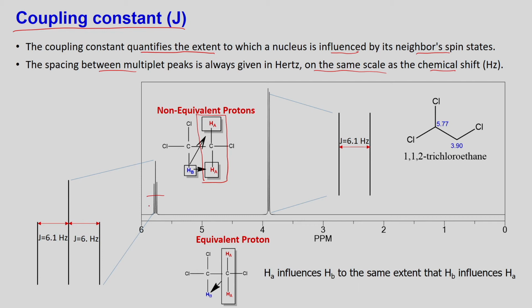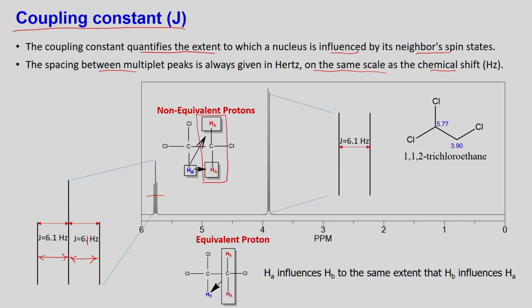Now, if you magnify this area, you will see that the value, you can easily measure this, it is 6.1 Hertz. If you measure this particular division, let us say you have 0 to 1, 1 to 2, 2 to 3, these are all equally spaced, because it starts from 0, and let us say in the field you are applying, let us say 100 or 60 megahertz.